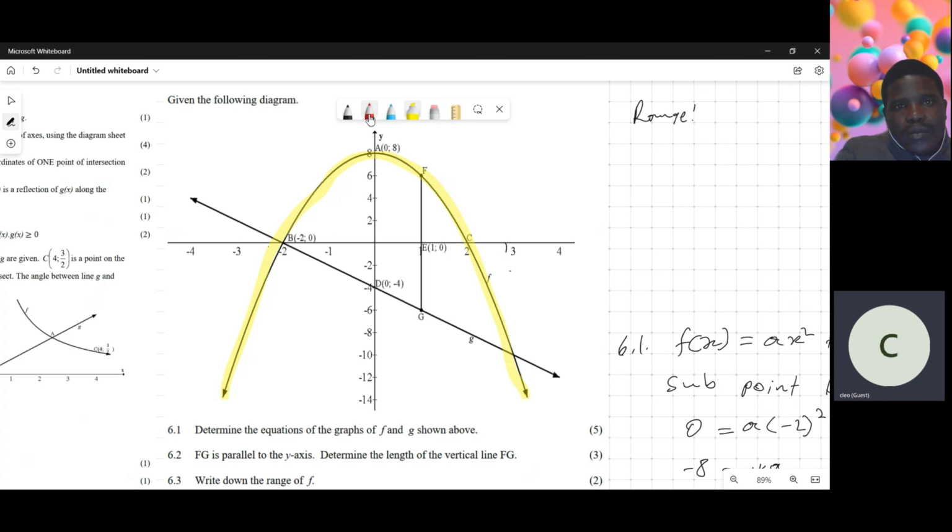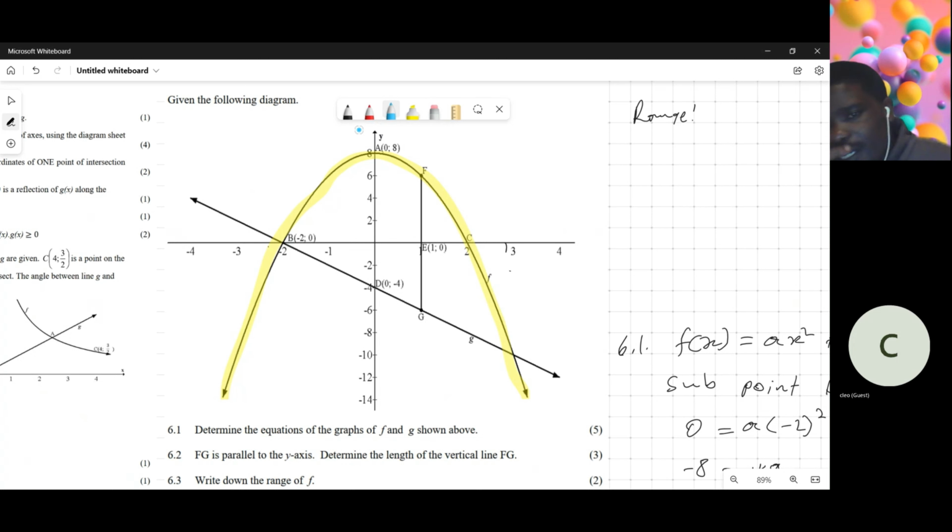Why? y is greater than q. Is it greater than? Check again. Is a positive or negative, Tendo? So it's negative. So what is the range? y is less than q.